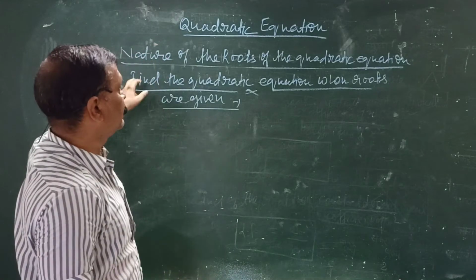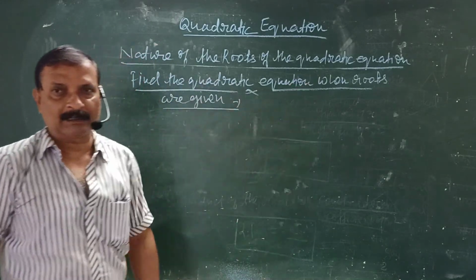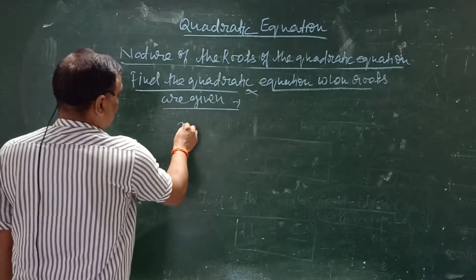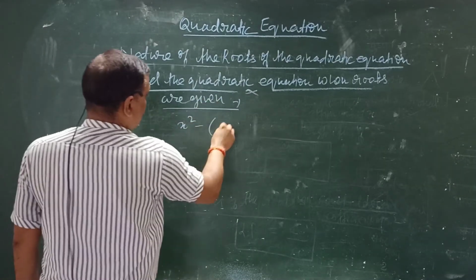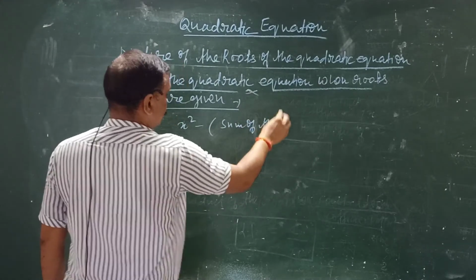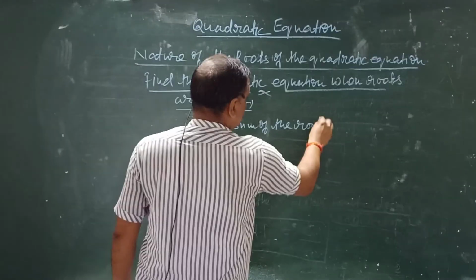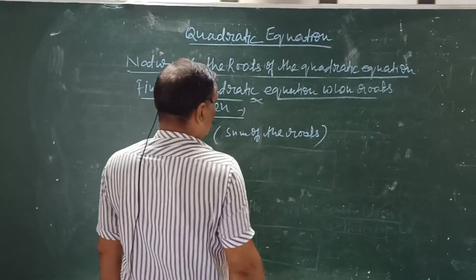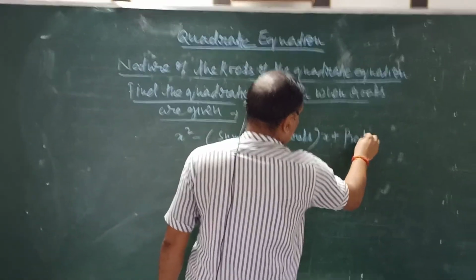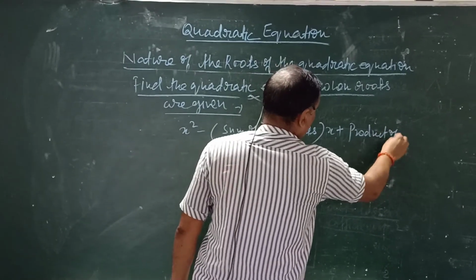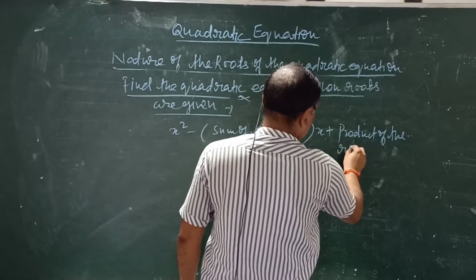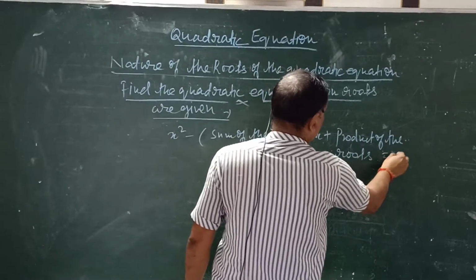बनानी है. To find the quadratic equation when roots are given, the formula is x square minus sum of the roots into x plus product of the roots is equal to 0.